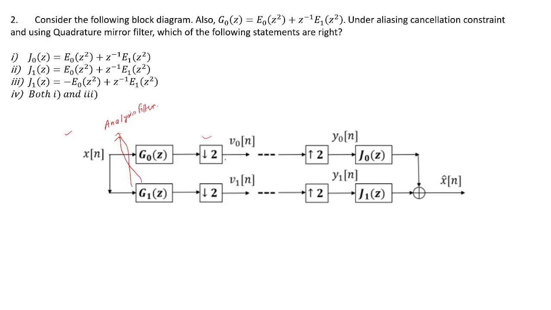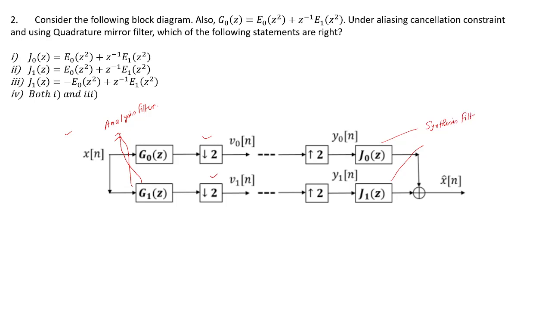And here you perform the downsampling operation. These are the intermediate sequences v0[n] and v1[n], and then you perform upsampling. Then you have these two filters whose outputs you are combining to get x hat of n. Therefore these two filters correspond to synthesis filters. Why am I calling this a synthesis filter?